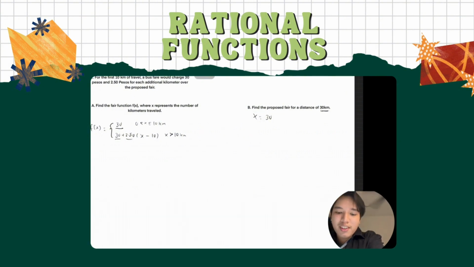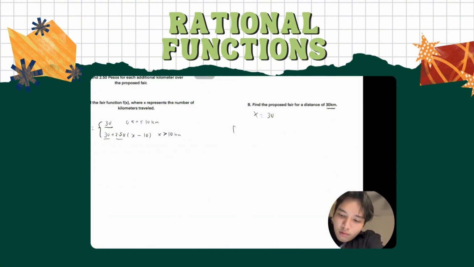The second one, since it's over 10 km: f(30) equals 30 plus 2.5 times (x minus 10). So our x is 30. So what do we do with the x? We plug it in. Very easy.